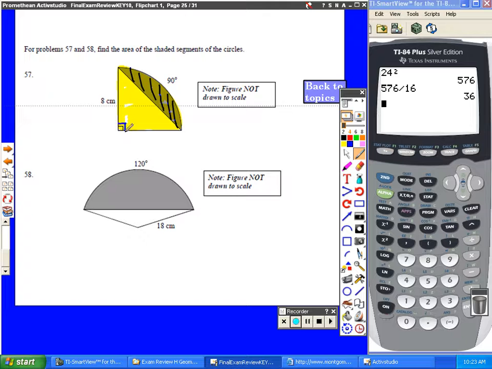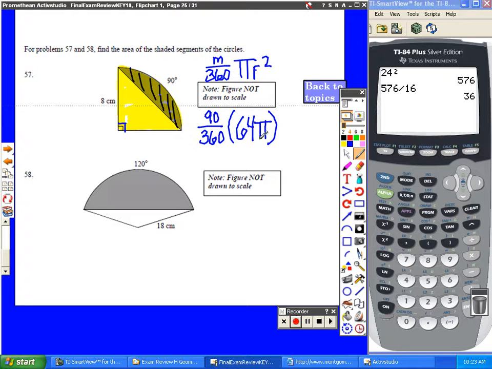This is 90 degrees out of a total of 360 degrees in a circle. The area of a circle is equal to pi times r squared. In this case, the radius is given as 8. Since I know that 8 squared is 64, I'm going to skip a step and just write that this is 64 pi.